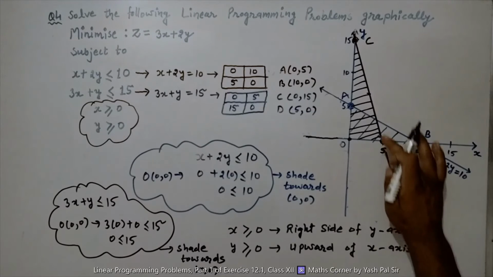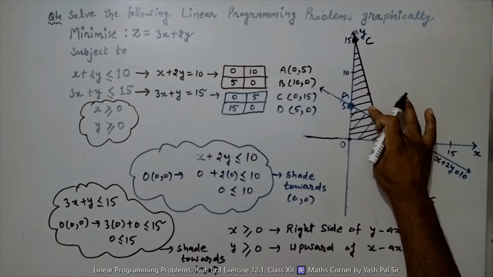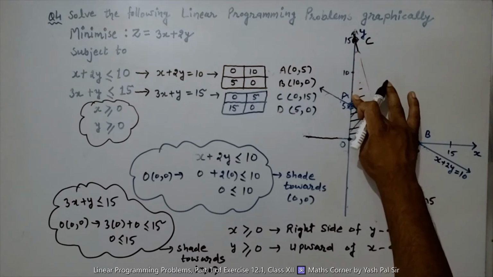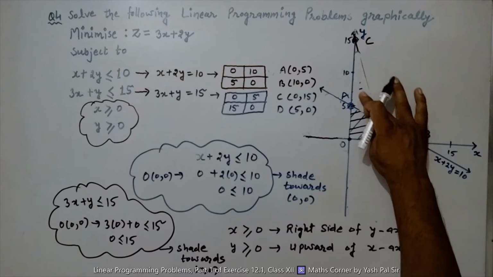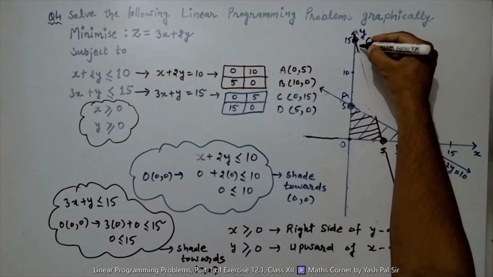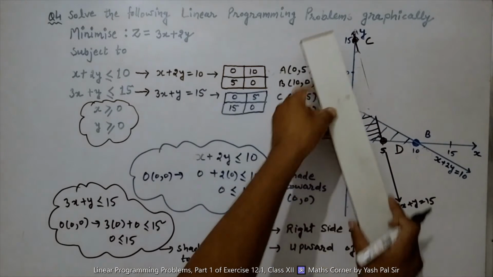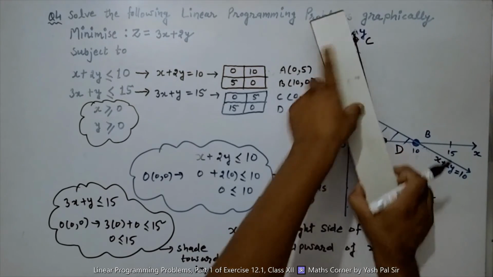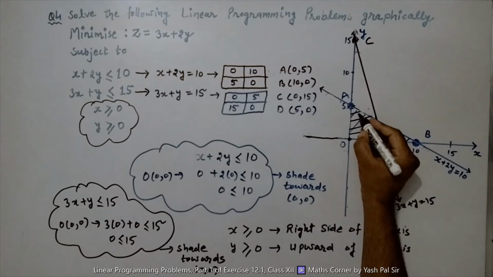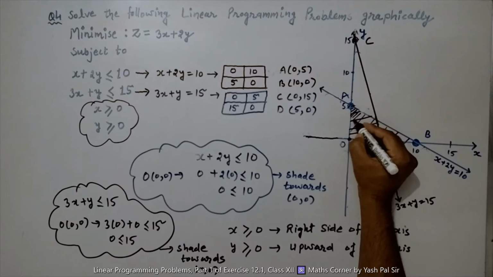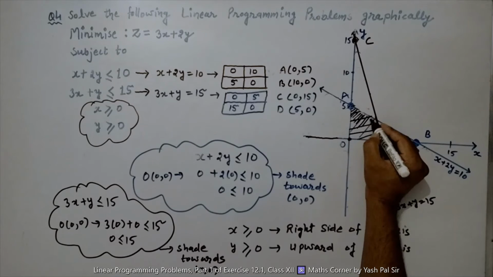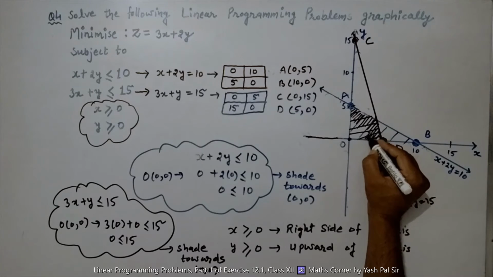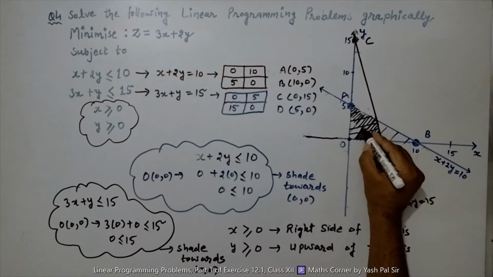What is the common result? The common portion is retained, the rest is erased. Only this portion is left now, which is shaded all the times, by all the inequalities.